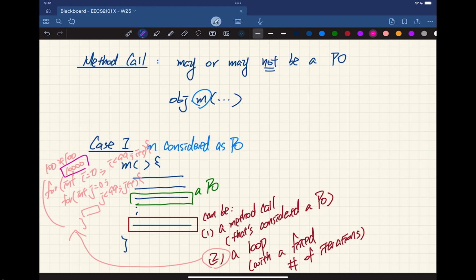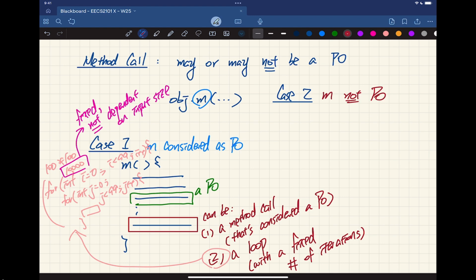Okay, so here, fixed, also not dependent on some input size. All right, case number 2. For case number 2, it will be the case where m is considered not as primitive, not a primitive operation.